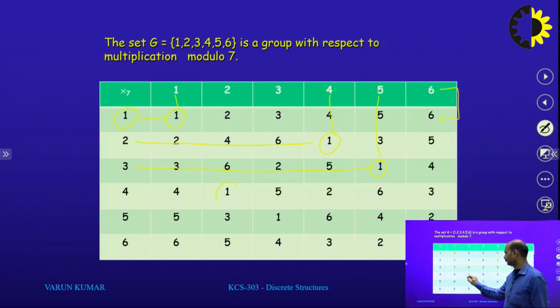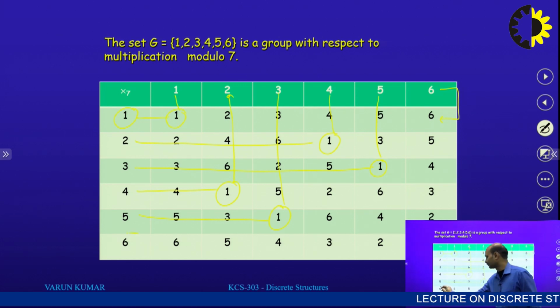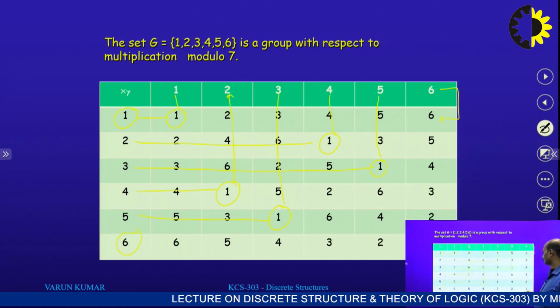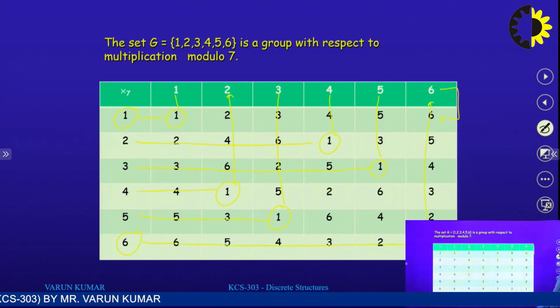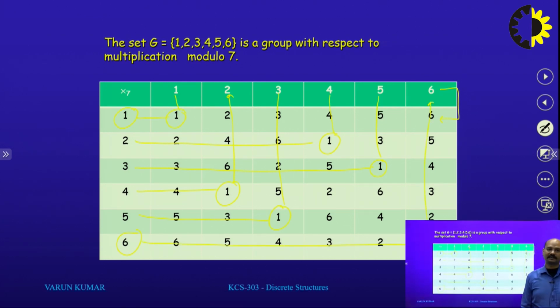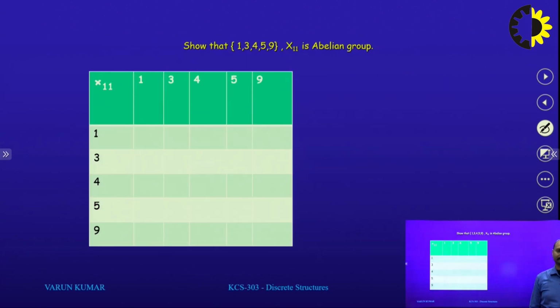And what is 4 inverse? 4 inverse is 2. And what is 5 inverse? 5 inverse is 3. And what about the 6 inverse? Then 6 inverse becomes 6. So the inverse property is also satisfied here. So we can say that this particular algebraic structure is a group under the binary operation multiplication modulo 7.